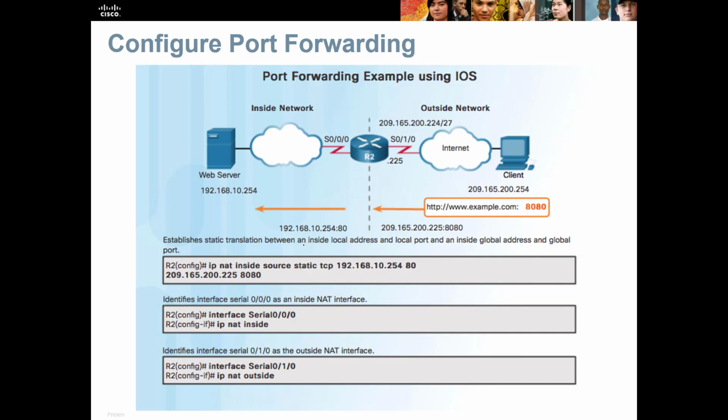And here's how that looks. I just took these straight off the text. Everything looks the same. We're familiar with seeing this interface, serial 0/0, make it inside, serial 0/1, make it outside. Here's our command. I'm going to hook TCP to 192.168.10.254:80.